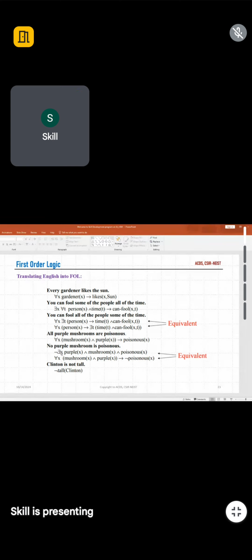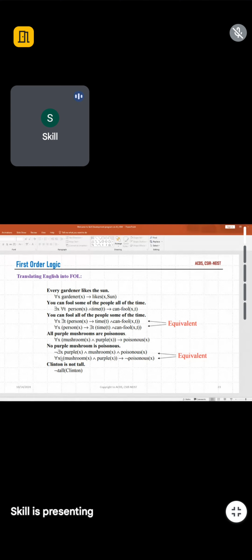Negation, no purple mushroom: x, and mushroom(x), and poisonous(x). So negation we are writing, since no mushroom is purple and poisonous, so we are writing it with an operator. So this FOL, we can write the statement like this.